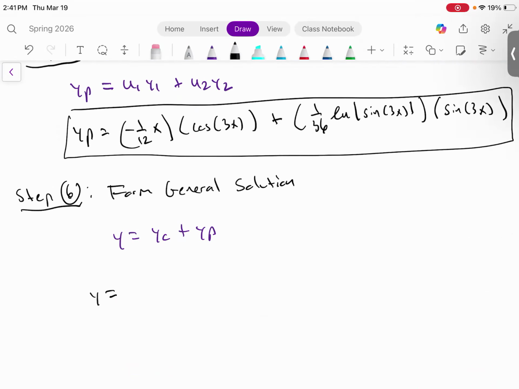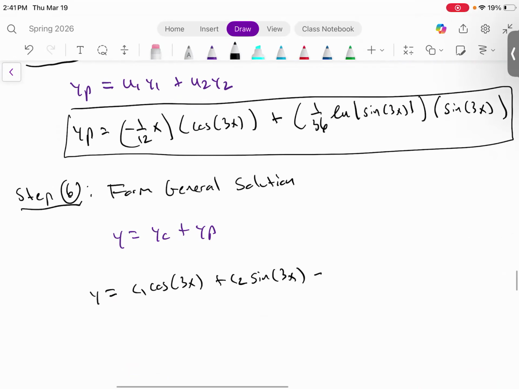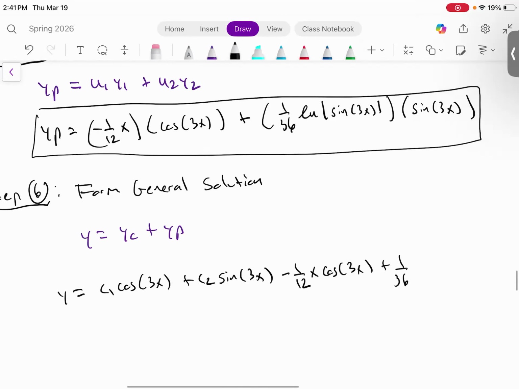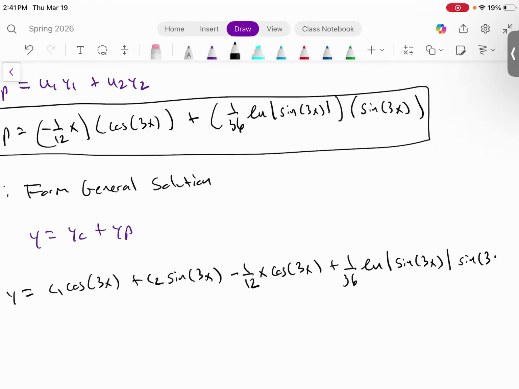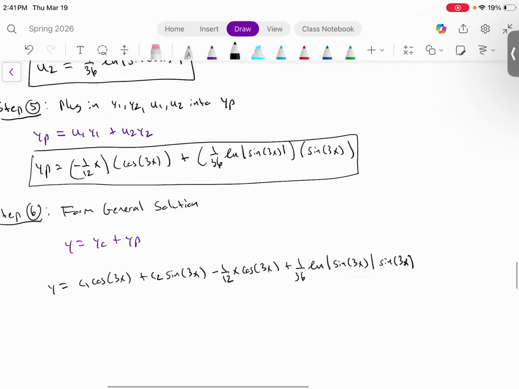So y equals c1 cosine of 3x plus c2 sine of 3x minus 1/12 x cosine of 3x plus 1 over 36 natural log absolute value sine of 3x times sine of 3x. And that's our solution.